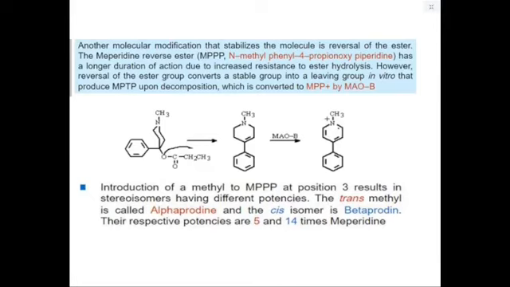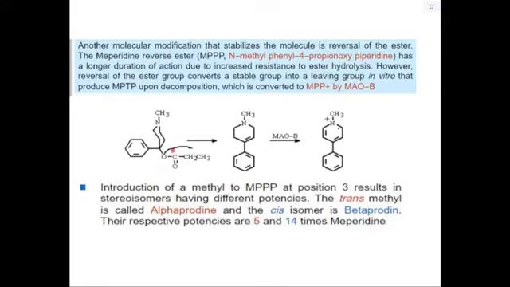When we talk about the ester and the reverse ester, this is exactly what we are talking about. Remember for meperidine, this was a C double bond O, and then this was an O. When you look at the prodines, this is what we are calling the reverse ester.